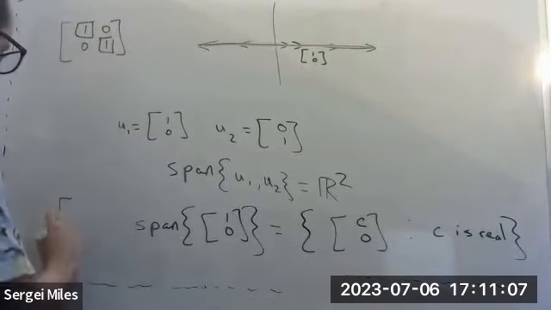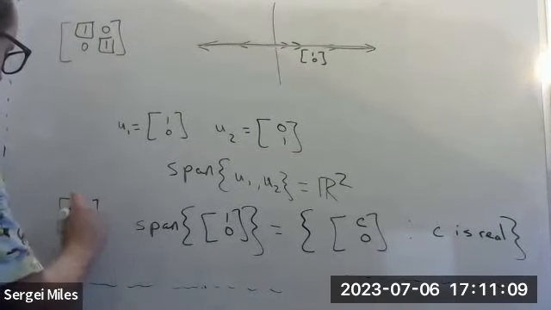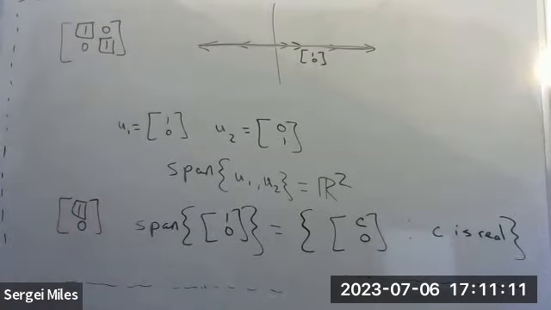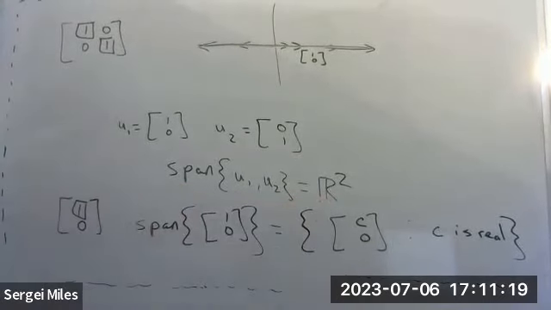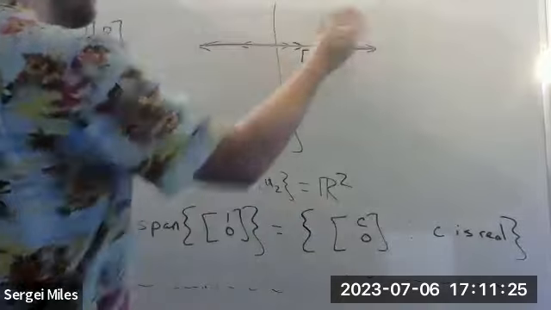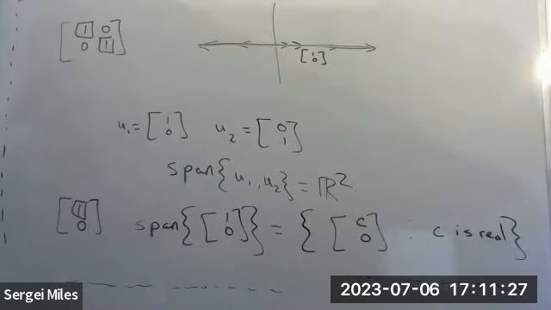But if instead you only have one column, that's only one pivot, and one pivot is not enough to span all of R2. Because it is two-dimensional, it has two axes, two directions you can move in. So you need at most two vectors to span the space.